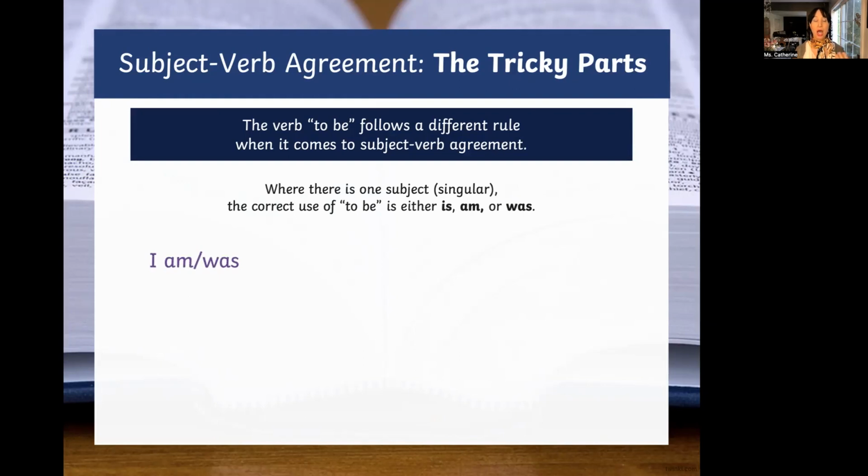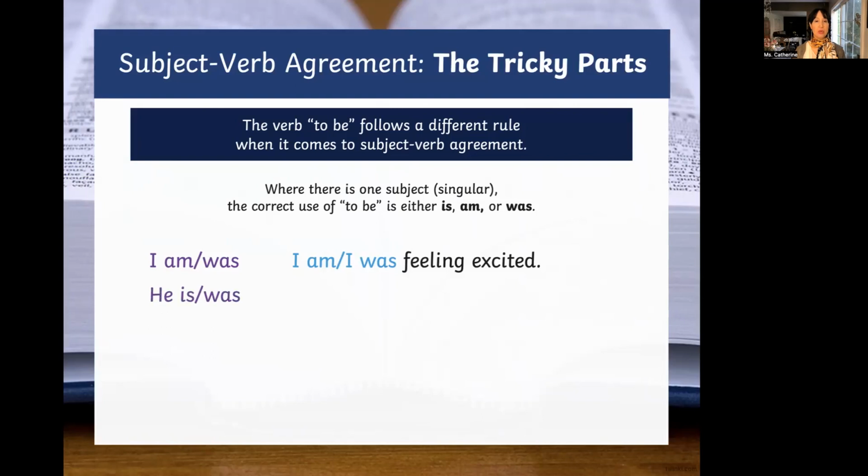I am, I was. So what tense is I am? That's right, present tense. What tense is I was? Was. Which tense? Past tense. I am feeling excited. I was feeling excited.